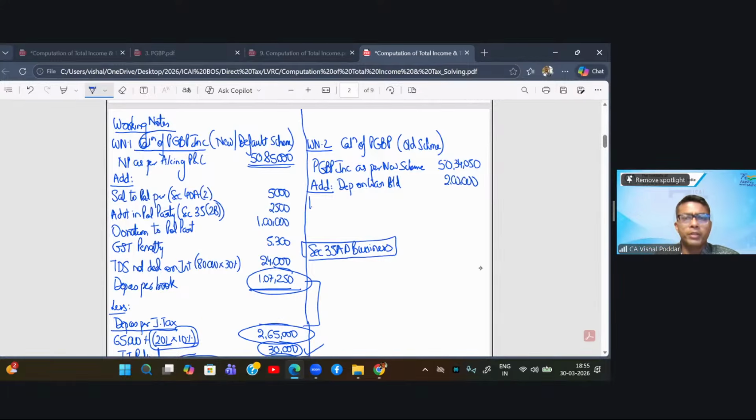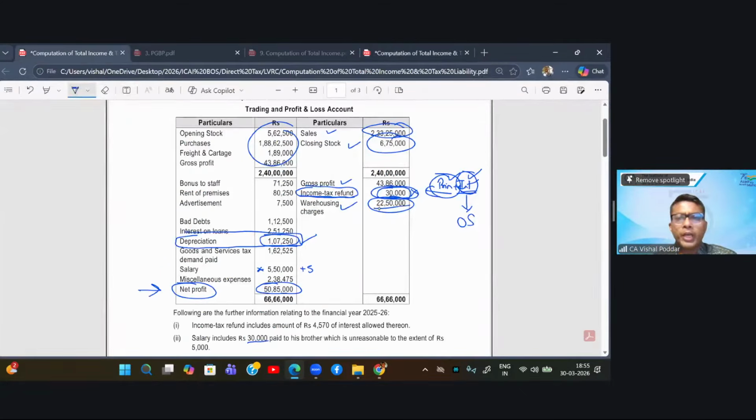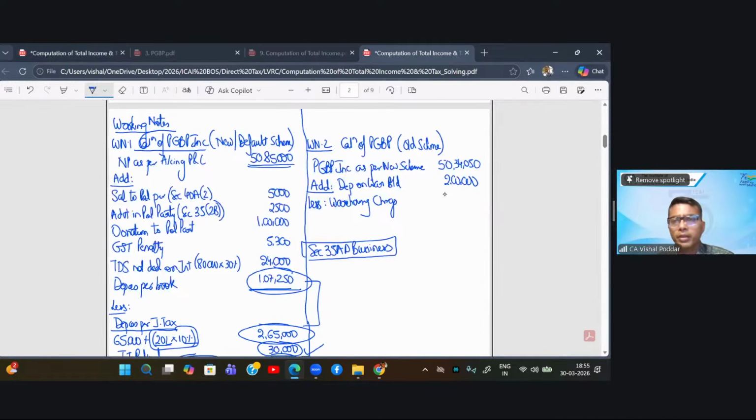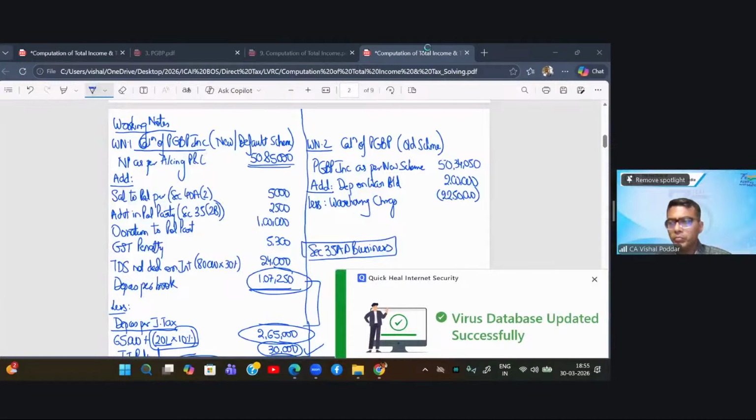Similarly, I will subtract the warehousing receipts. So warehousing charges, which are part of my P&L, which I had kept included in the regular PGBP income, will now be removed because it will be part of the special PGBP, that is 35 AD. So 2250 has to be subtracted. Right?